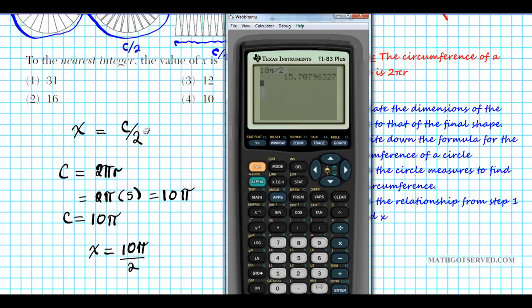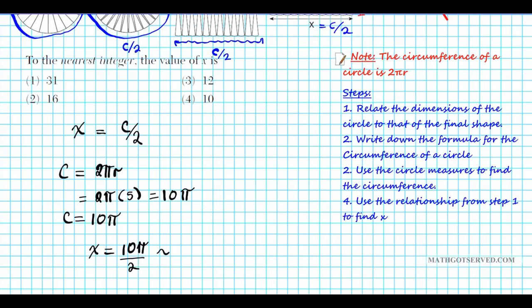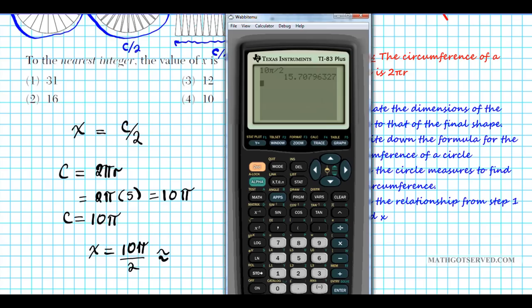And then we're rounding, well, let's write down what our answer is. So what is x? X is approximately, where did my calculator go? It just disappeared. 15.708. Okay. Now we're asked to round it to the nearest integer.